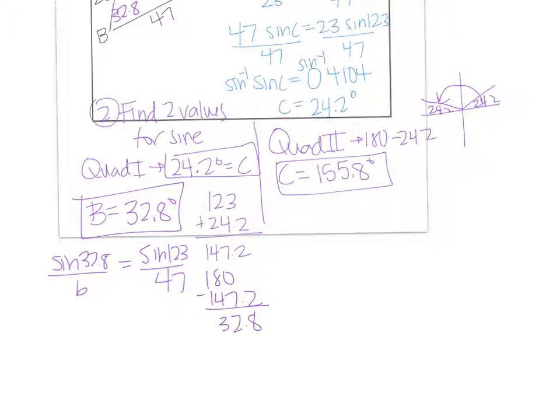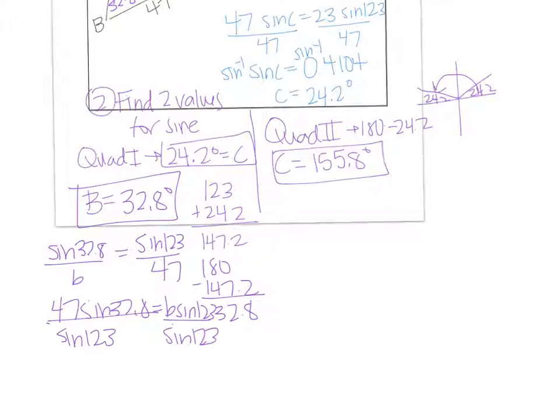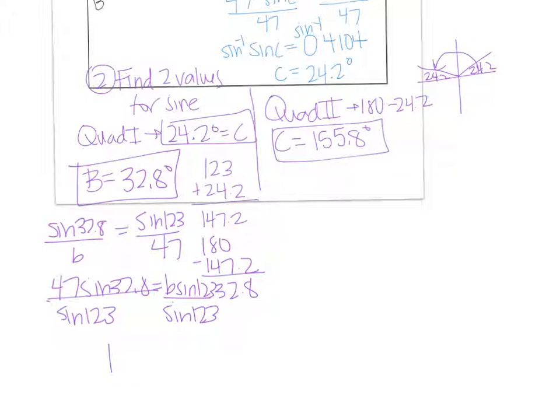I'm hoping the cross multiplying part is the easy part now, so it's going to be 47 sine 32.8 equals b sine 123, divide by sine 123, and then you type that whole thing in your calculator, and it will tell you that b is 30.4. Okay? So then we go to the next problem, and we see what happens here.